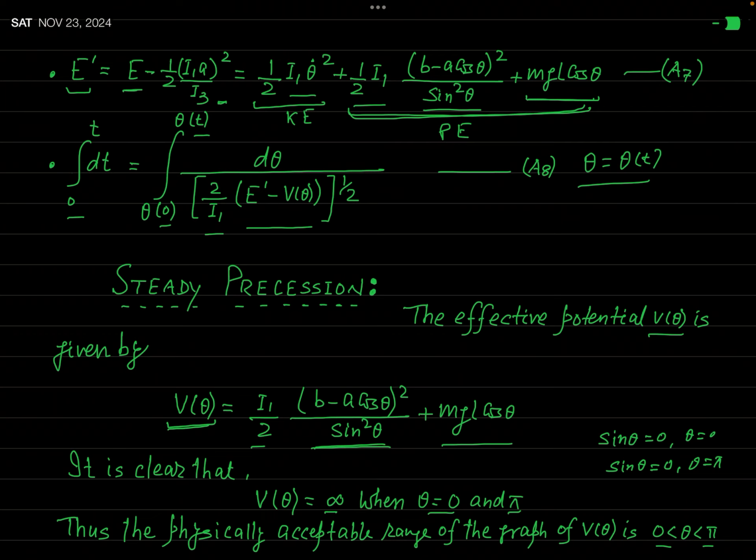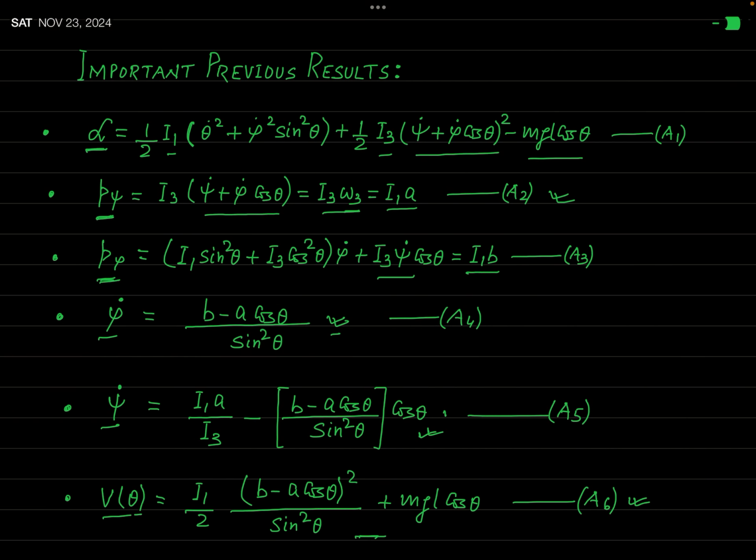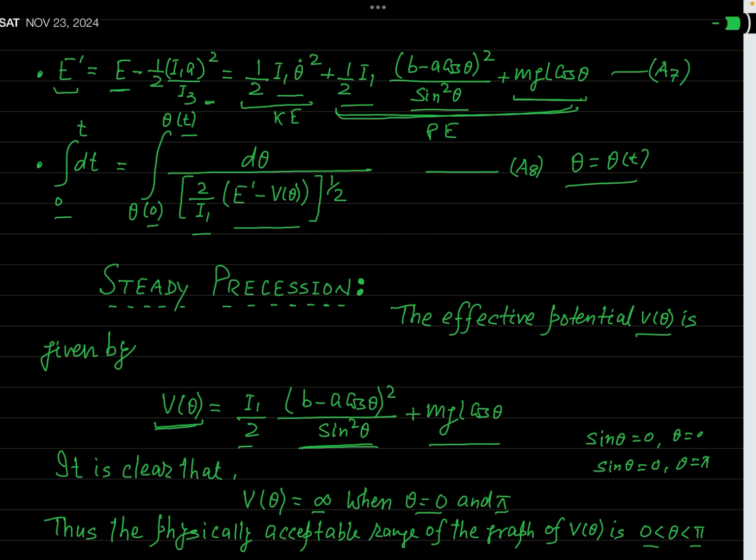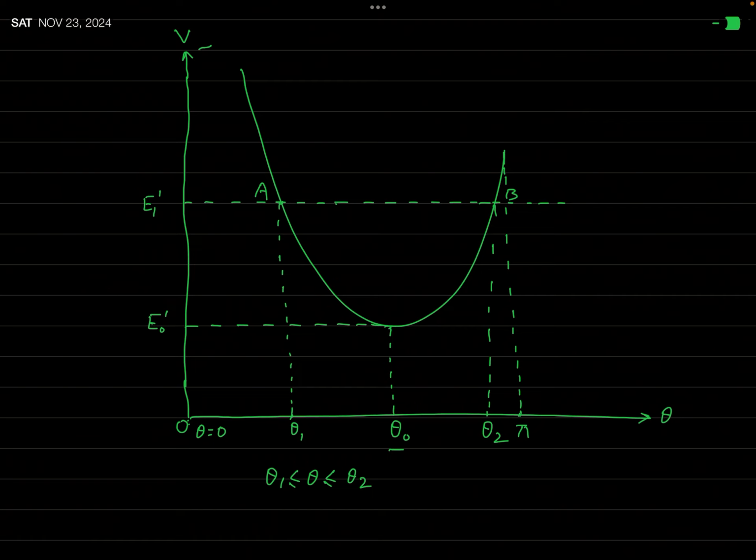So the physically acceptable range for the graph will be 0 less than theta less than pi.